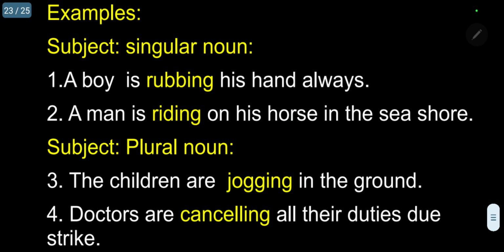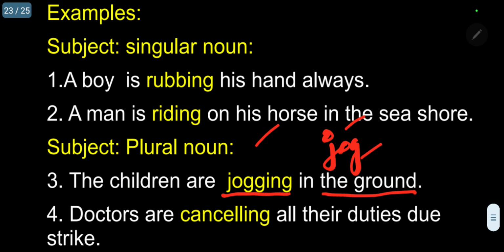Kindly follow. That was singular. Suppose it is a plural noun: the children are jogging in the ground. Jog is the verb. This is the letter G, and the vowel is O, so automatically G will be doubled and ing added. Jogging. The children are jogging in the ground.